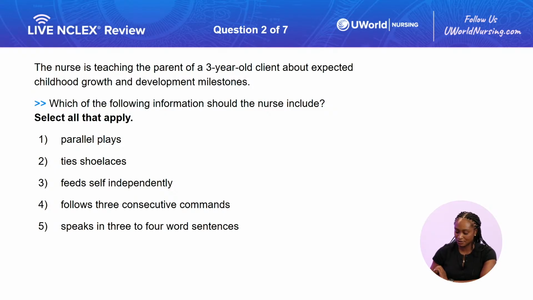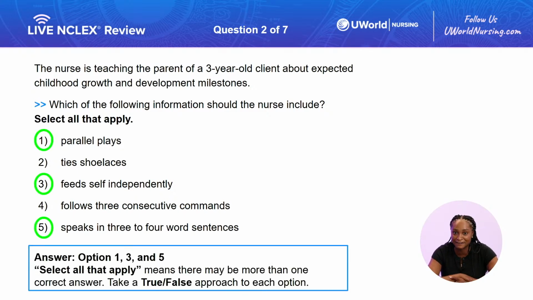Let's get back to the correct answer for this one, which would be options 1, 3, and 5. So the question is stating, which of the following information should the nurse include with the teaching of a 3-year-old client? So a 3-year-old milestone. What can you expect? Imagine a 3-year-old in that toddler phase, still needs help with some things, but they're usually trying to seek independence and do things by themselves.